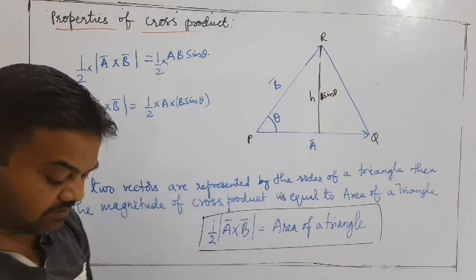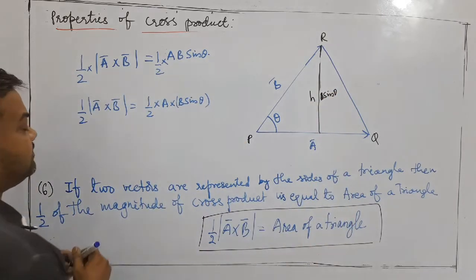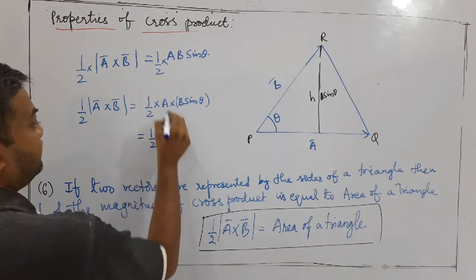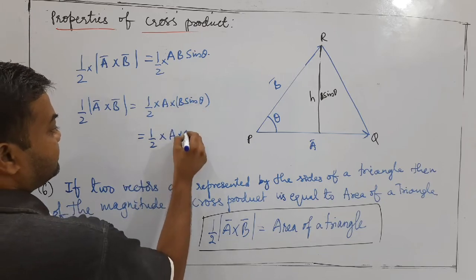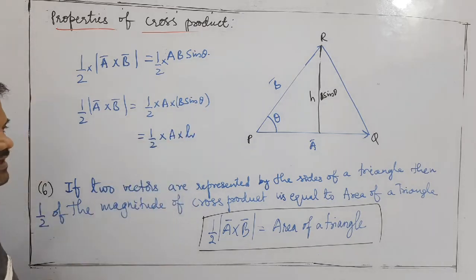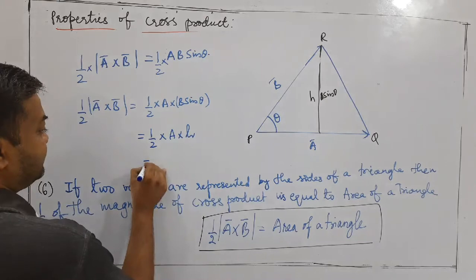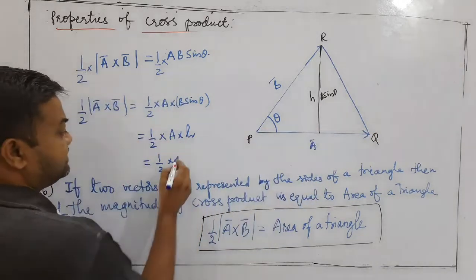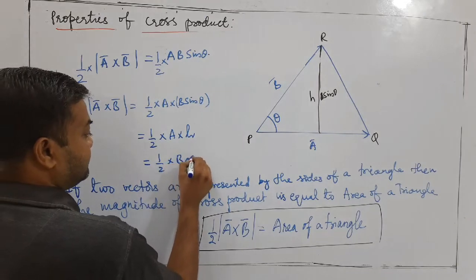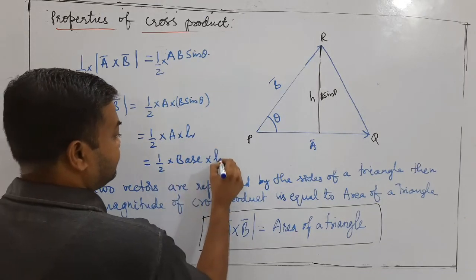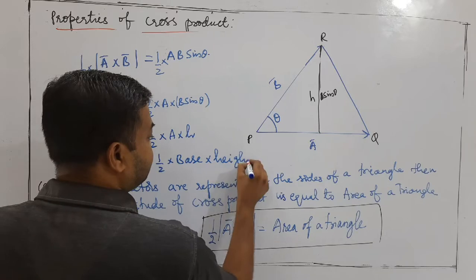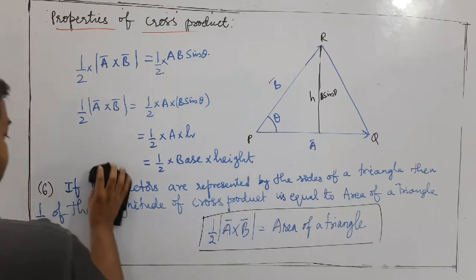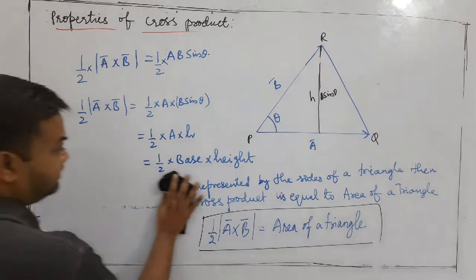So I can write half into A into H, that is nothing but half into A, this side is base, into height. Half into base into height. What is the value of half into base into height?